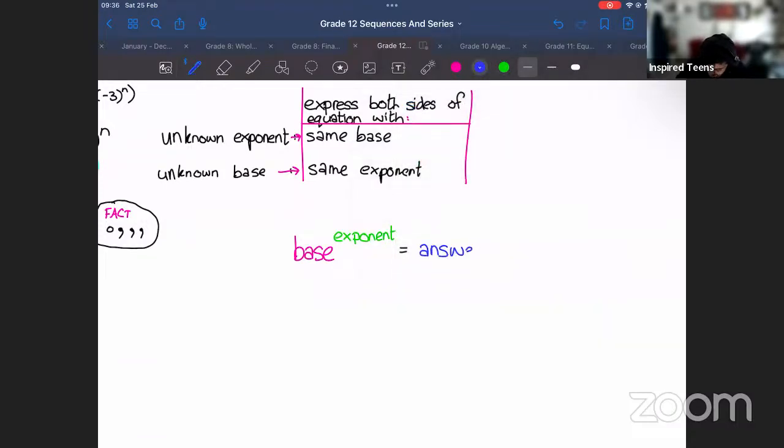So this is just an expression for an exponential equation, basically. You have a base, you have an exponent to that base, you're going to get an answer. Why are we expressing it like this? Because when we want to do its inverse, you're going to utilize log.